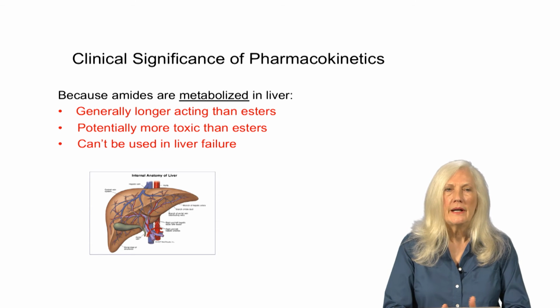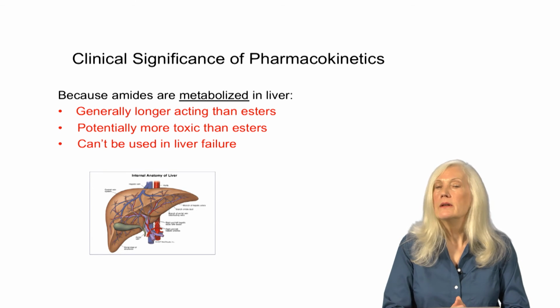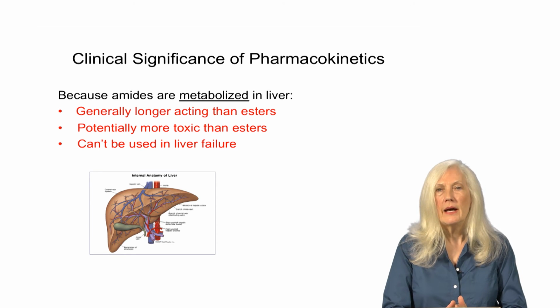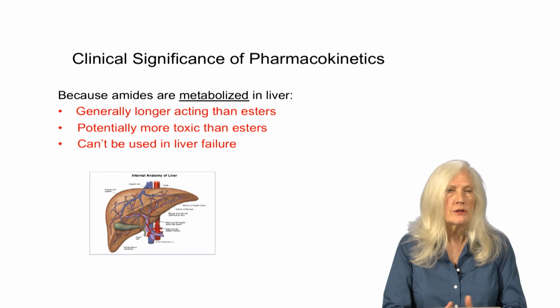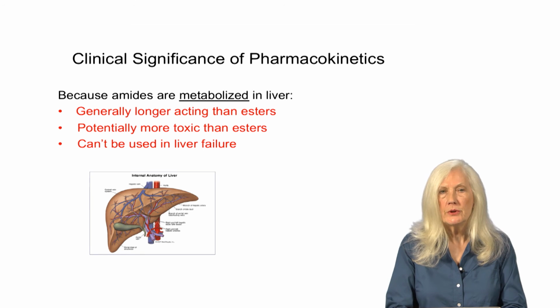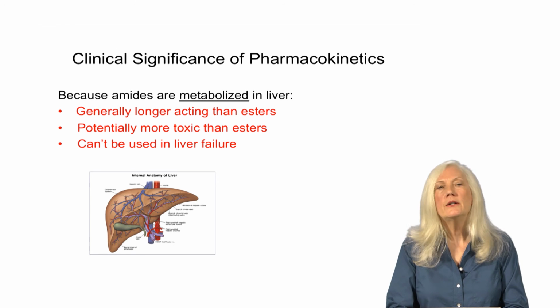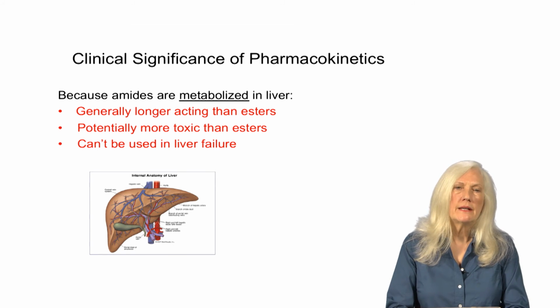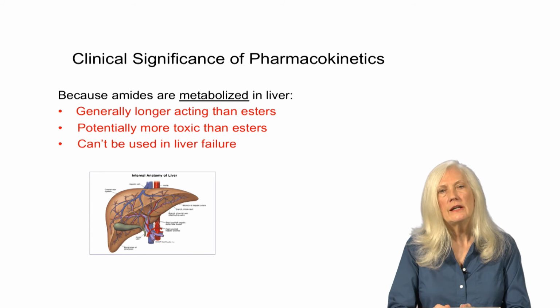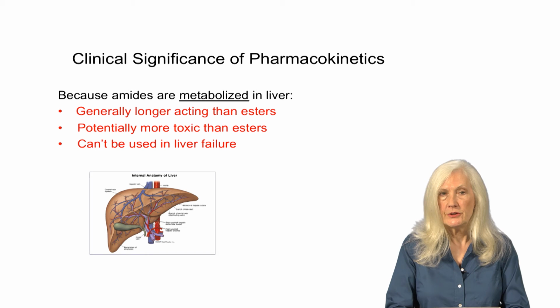The pharmacokinetics of these drugs is very important in their clinical use. Esters are metabolized prior to exiting their site of injection, as well as in the circulation itself. So clinically, they tend to have a short duration of action. In contrast, because amide-type local anesthetics are metabolized in the liver, they're generally longer acting than esters.